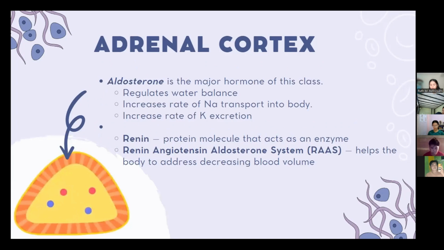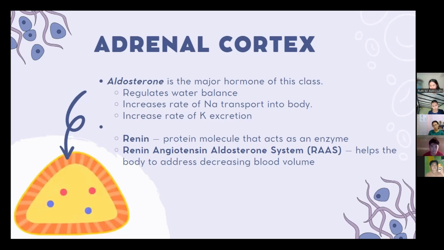Aldosterone is the major hormone of this class. It regulates water balance, increases the rate of sodium transport into the body, and increases the rate of potassium excretion. Aldosterone is produced in the greatest amounts, although other closely related mineralocorticoids are also secreted.